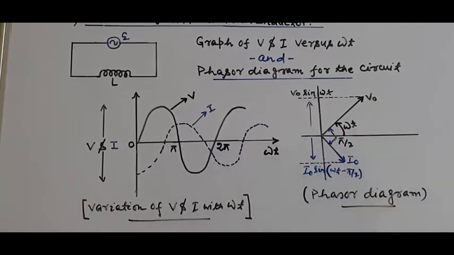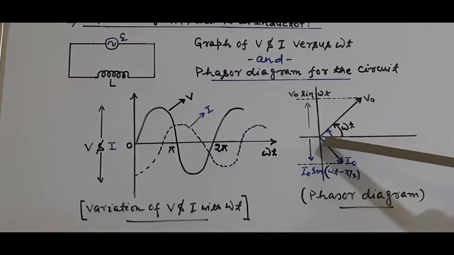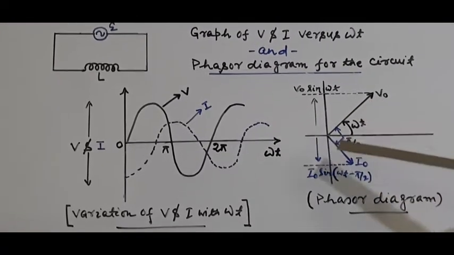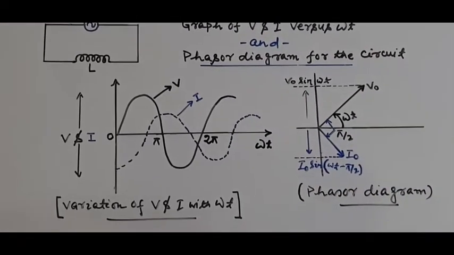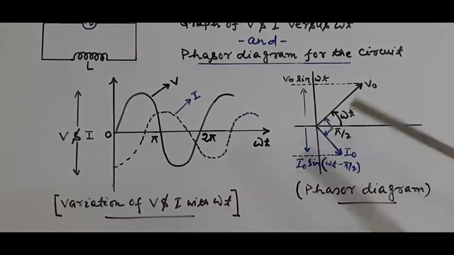Now look at this phasor diagram. I have drawn two phasors. This is the phasor of voltage and this is the phasor of current. From this graph it is clear that the current lags behind by angle pi by 2.